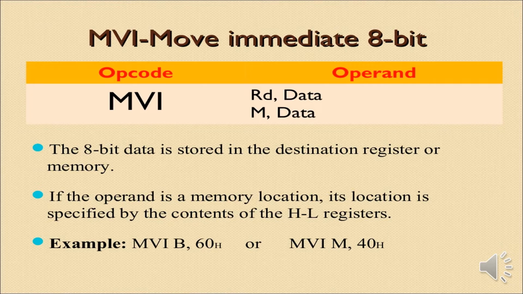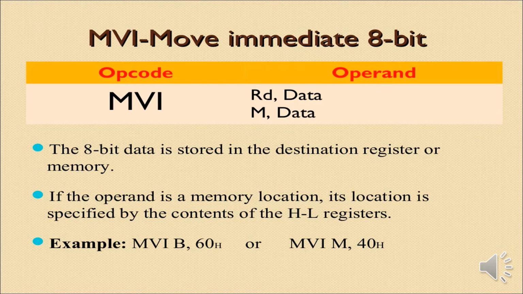For example, MOV B, 60h: this 60h is the immediate 8-bit data transferred into the B register. Another one, MOV M, 40h: this 40h is a direct 8-bit data transferred into a memory location.